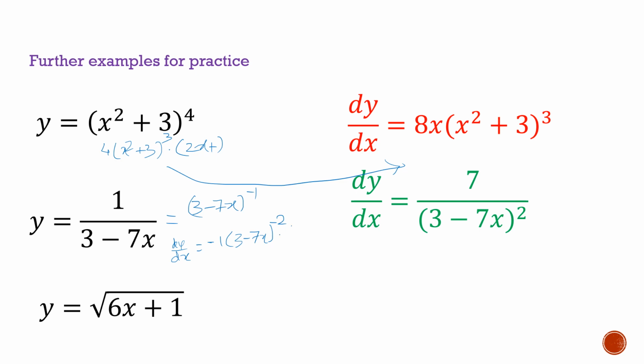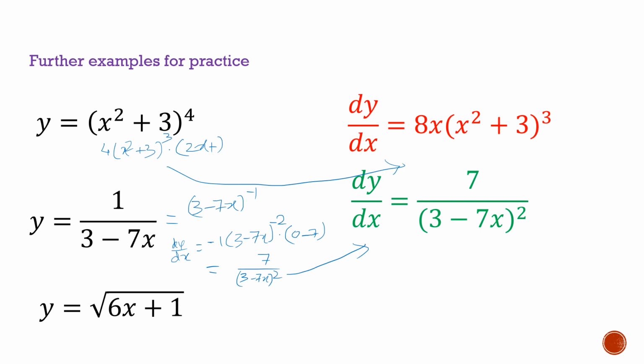Then I will take the derivative of the inside one. The derivative of 3 is 0, and the derivative of minus 7x is minus 7. Now mind you, when this minus 7 and minus 1 get multiplied, I will get my answer as positive 7, and this (3 minus 7x) raised to the power minus 2 is nothing but 1 over (3 minus 7x) squared. So 7 over (3 minus 7x) raised to the power 2, and this is how we have got this answer.